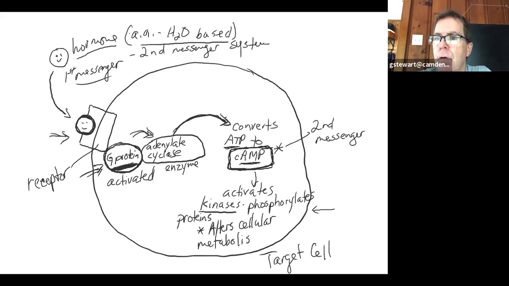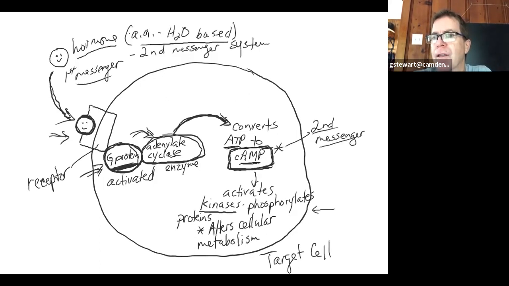I know this is a long story, but it just goes: step 1, binding to a surface protein because it can't enter. The G protein coupled with the surface protein activates adenylate cyclase, which is an enzyme that converts ATP to cyclic AMP, which is our second messenger now.